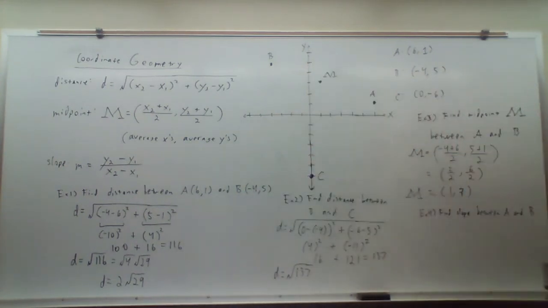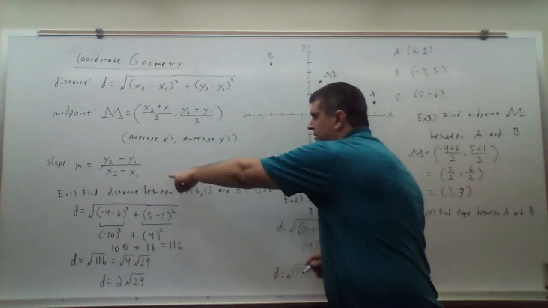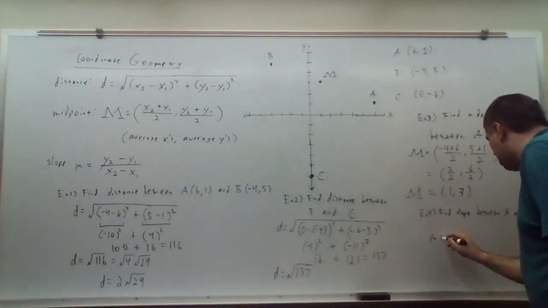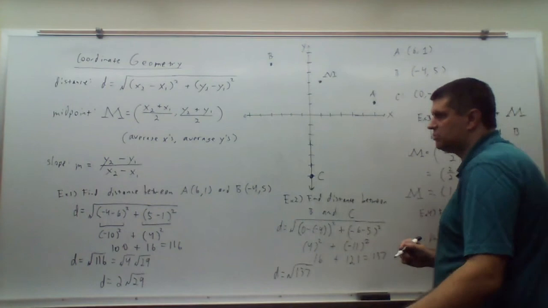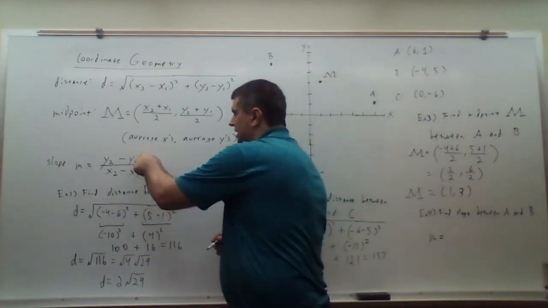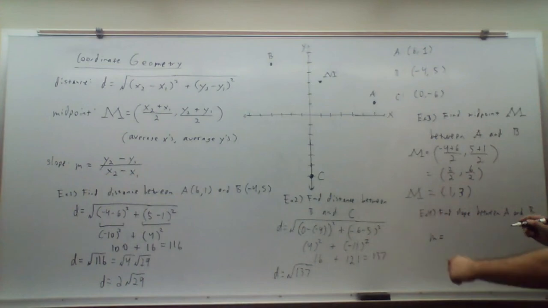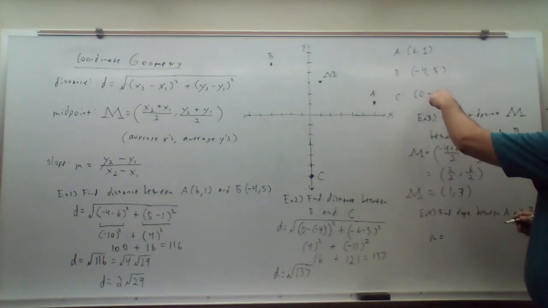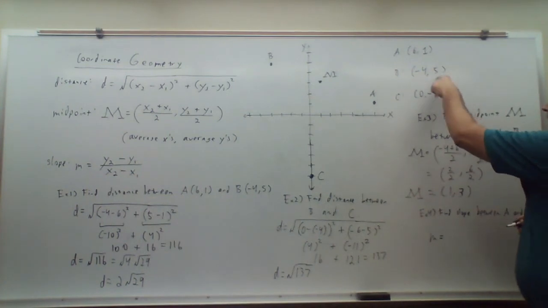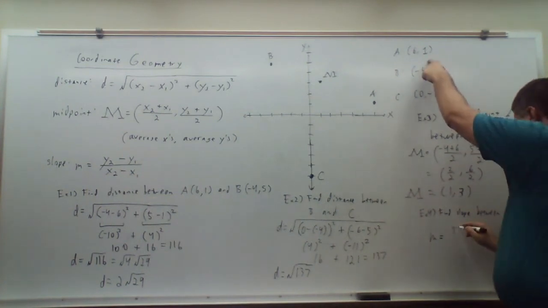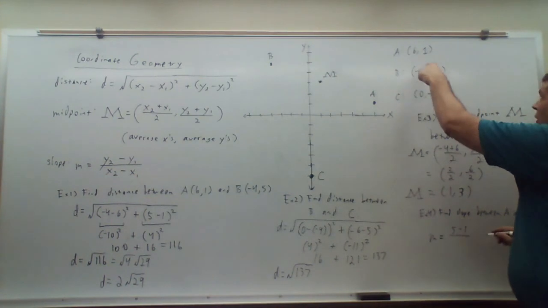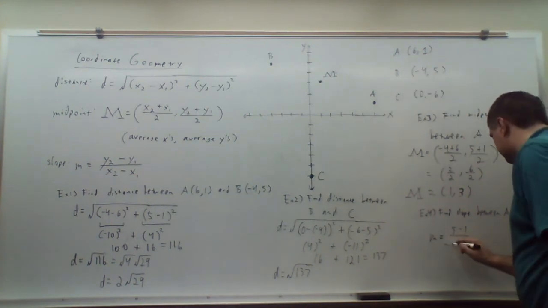Okay. Example 4 asks for the slope. The formula for slope is here. So m will equal, it says to take your second y, subtract your first, take your second x, subtract your first. So m will equal, subtract the y's, so it's between A and B, so 5 minus 1 over negative 4 minus 6.